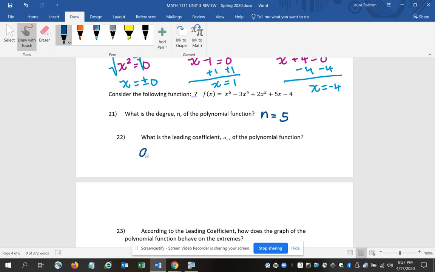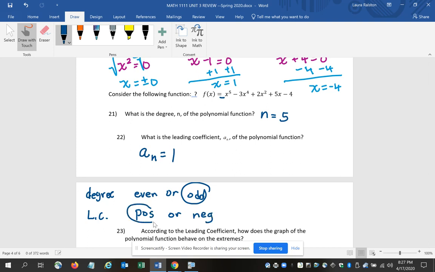The leading coefficient, or the number that is in front of that highest exponent, in this particular case, is again a positive 1. And so then I'm going to think about the degree and whether it's even or odd. In this case, it's odd. Remember, when it's odd, the ends do opposite things. My leading coefficient is either positive or negative.